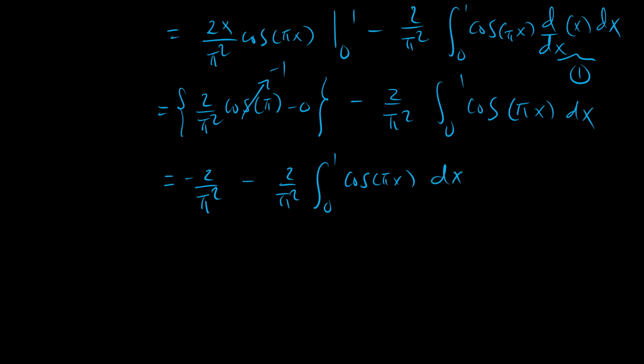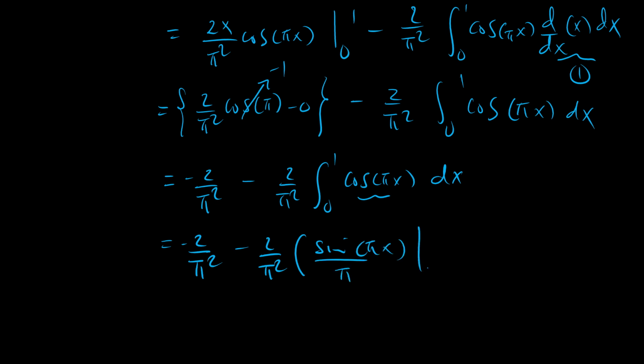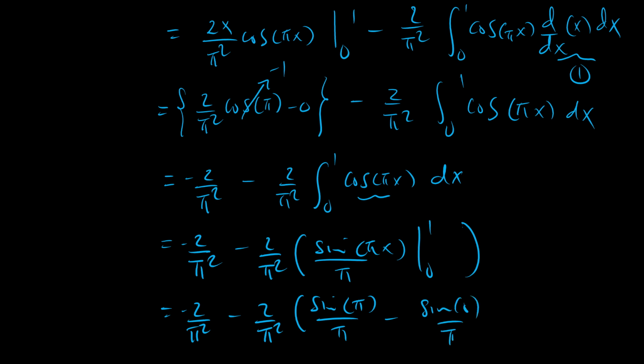And what do we have? Integrating this becomes sine pi x over pi from 0 to 1, which is negative 2 over pi squared minus 2 over pi squared, times sine pi over pi minus sine 0 over pi. So this is 0, this is also 0.